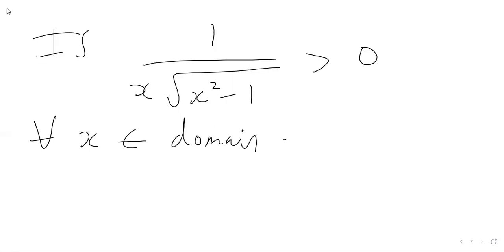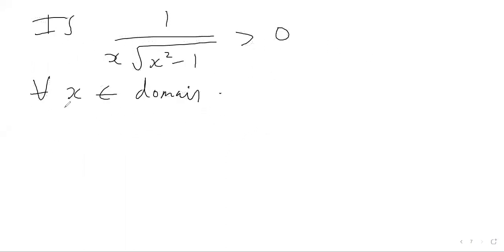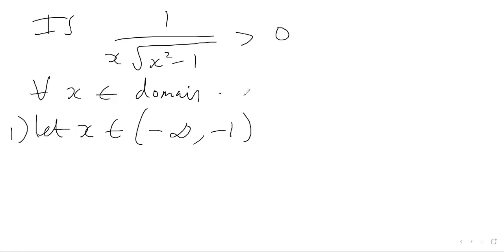Well, again, let's just check. Let x be in the smaller part of the domain, so from negative infinity up to negative 1. We'll call this case number 1. So x must be less than negative 1, so x is a negative number. Okay, that's fine. We know this numerator of 1 is always going to be positive.